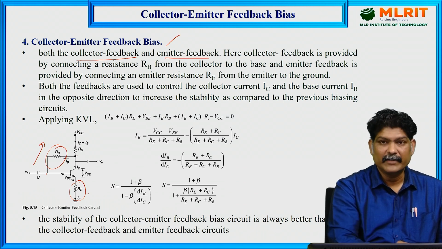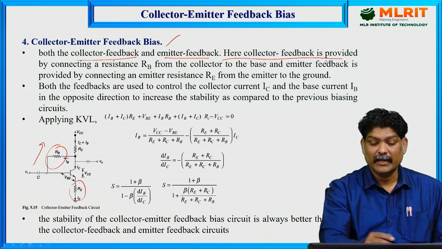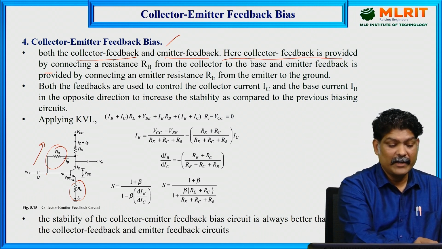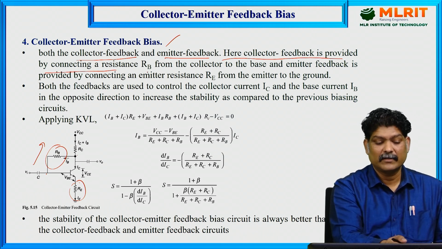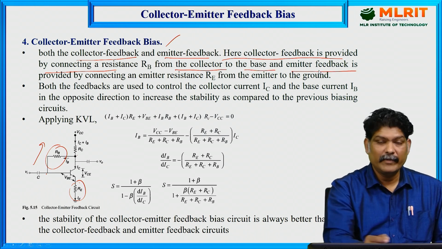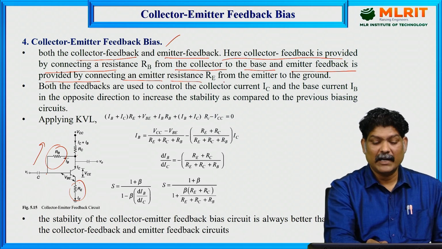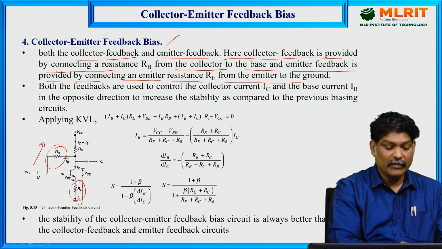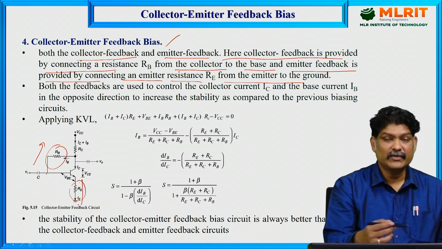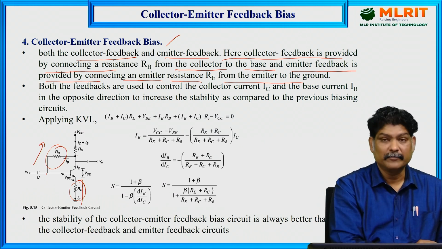Collector feedback is provided by connecting a series resistance RB from the collector to the base, and emitter feedback is provided by connecting the emitter resistance RE from the emitter to the ground like this. These two setups are given for the biasing purpose.